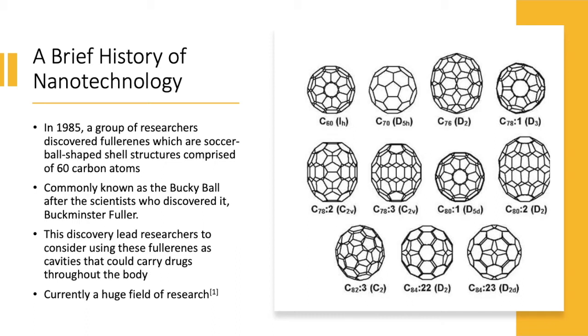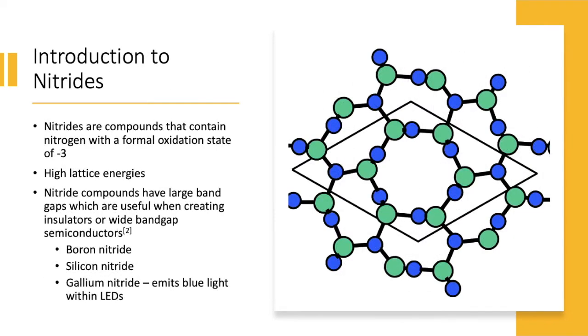Carbon 70 has more of a pentagon shape, while carbon 76 is more of a hexagonal shape, and then these geometric shapes become more and more complicated as more carbon atoms come into place. So it is very important for drug synthesis and drug traveling within organic people or animals. This is a huge field of research as of right now.